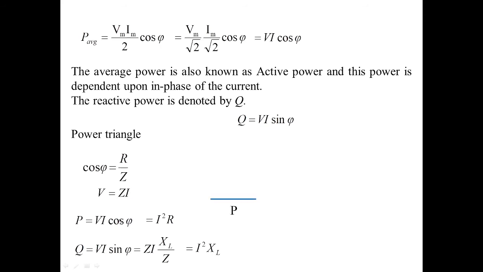So once we obtain the active power and reactive power, we can construct the power triangle like this, which is a combination of P and Q as apparent power. S represents the apparent power.